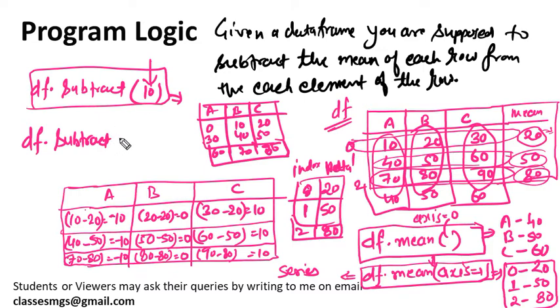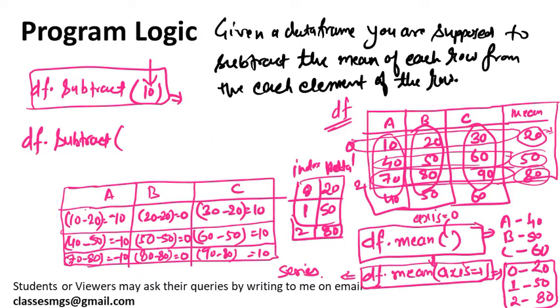Now let's write it here. Let's suppose we are holding the row wise mean series in a variable called row mean. We need to pass this row mean here. It will be a series object like this, and if you directly pass this row mean here, it will try to subtract it column wise.